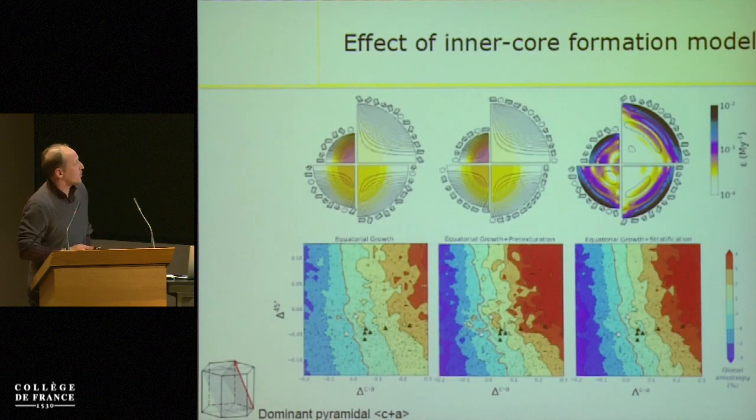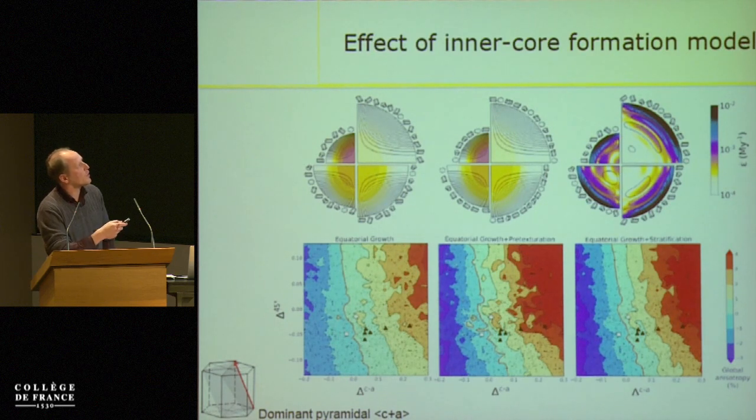So you can use different inner core formation models with dominant pyramidal slip. This is the Yoshida model, with the inner core growing faster at the equator with crystallization textures at the inner core boundary, and then the model with chemical stratification to concentrate the flow. And basically, in all cases, you can find solutions which are anisotropic. Again, this is the anisotropy in the single crystal.